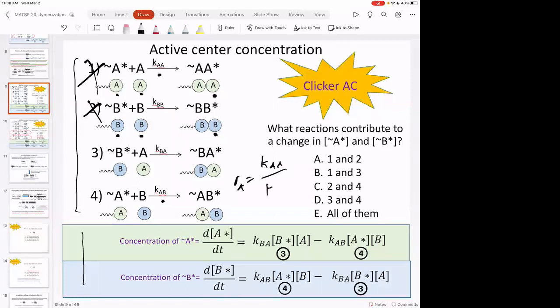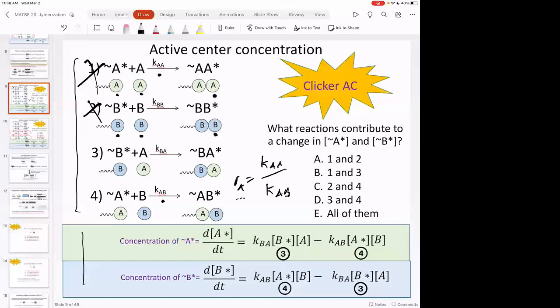KAA over KAB. What does RA tell you about those two reactions? What if KAA is really fast and KAB is really slow? That's what the rate constants are. It tells you about the kinetics of the reaction.